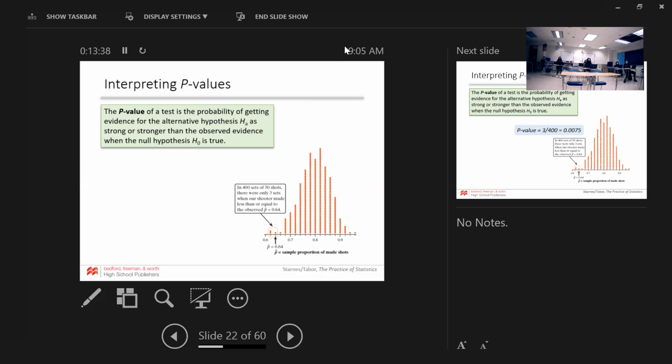So here's the p-value. Right? So my definition is a little different than what's in green, but it means the same thing. It is the probability of a test statistic, remember this, as extreme, 64% or more extreme. 3 out of 400. The probability of a test statistic as or more extreme by chance alone given the null is true. So the null in this case is they're an 80% foul shooter. The p-value would be 3/400ths.